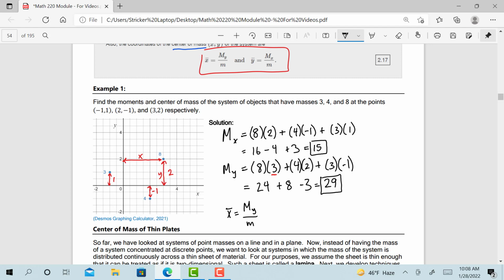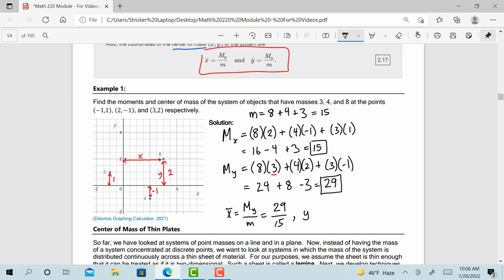One thing we did not find yet is m. Let's do that real quick. So the total mass of the system is 8 plus 4 plus 3, which is 15. We don't have units here, so we'll just leave it as 15. And so x bar is 29 divided by 15.